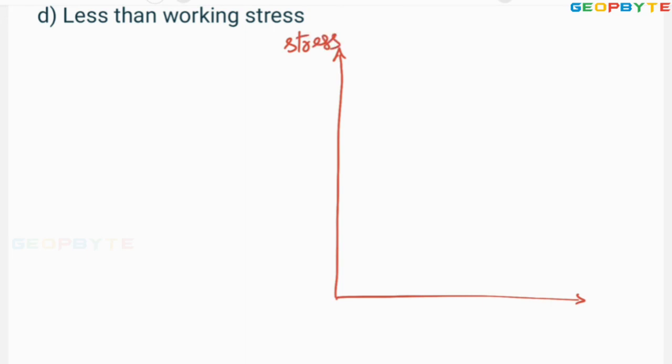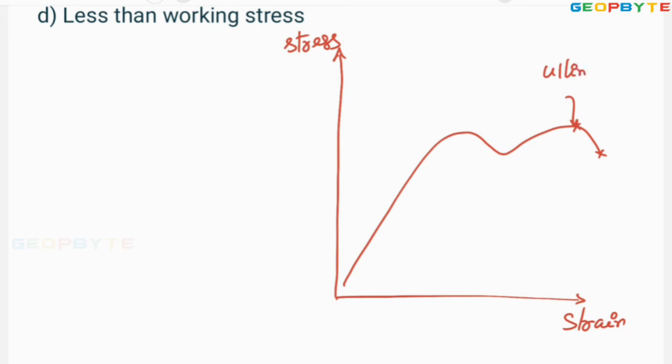If you look at the stress strain diagram, stress versus strain, for the mild steel, it comes like this. So this may be the breaking point. This is the breaking point. This is the ultimate stress point.